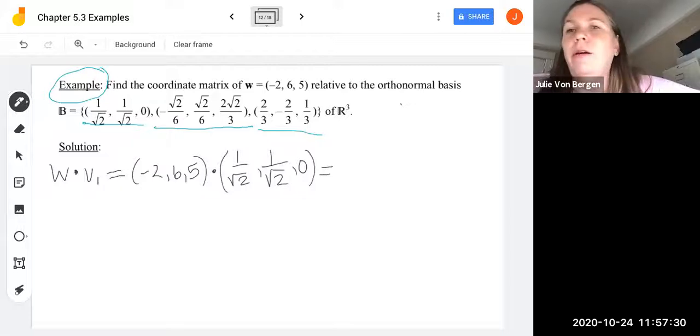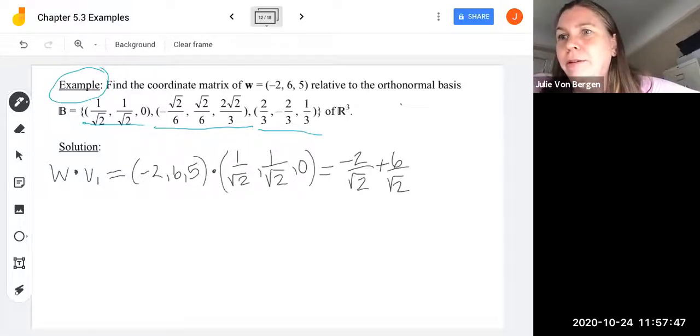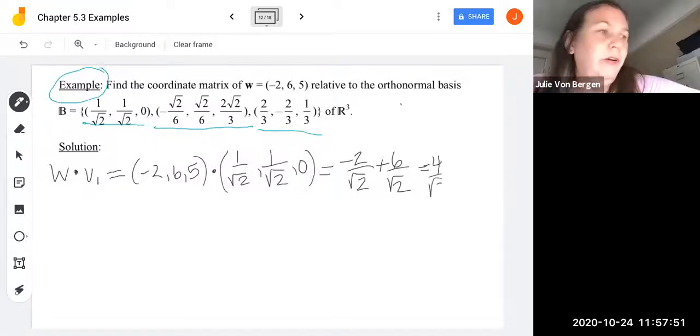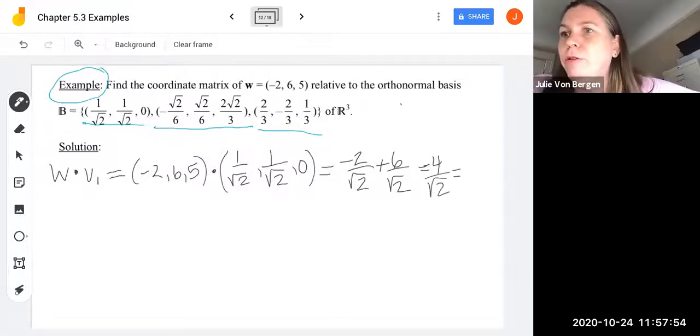If we work all this out, and you can double check my maths, you're going to get -2/√2 plus 6/√2. That last term is just going to be a 0. So you get 4/√2, which we like to rationalize to 2√2 to look a little bit nicer.